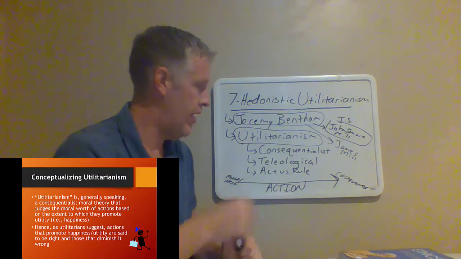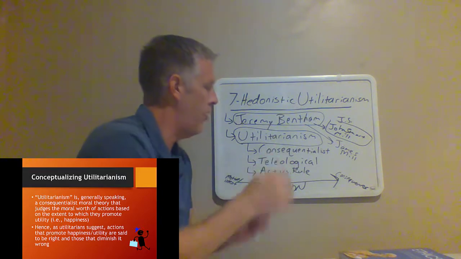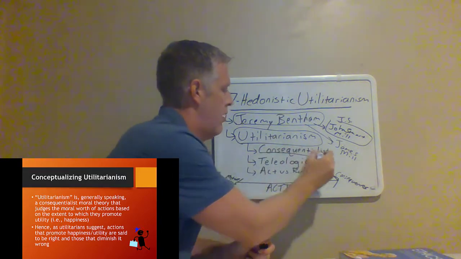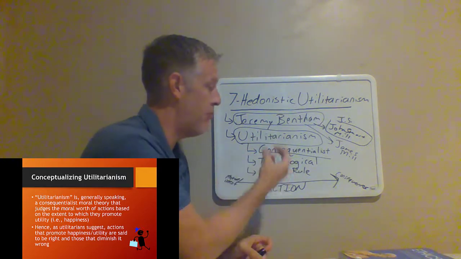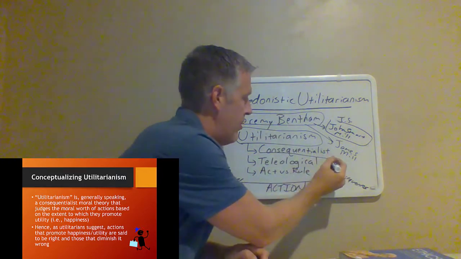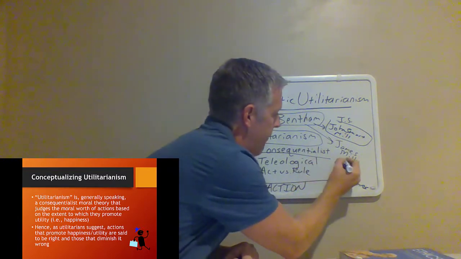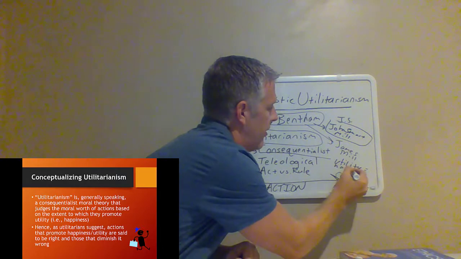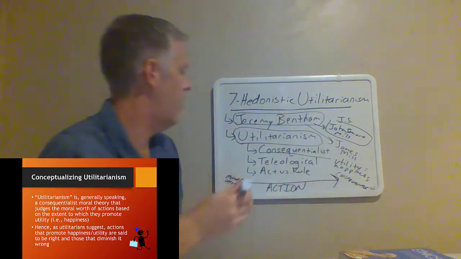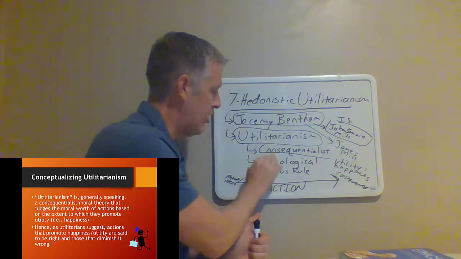So it's a consequentialist moral theory that judges the worth of actions based on the extent to which they promote utility, or happiness. Utility is happiness, okay? And so utilitarianism is a consequentialist moral theory.